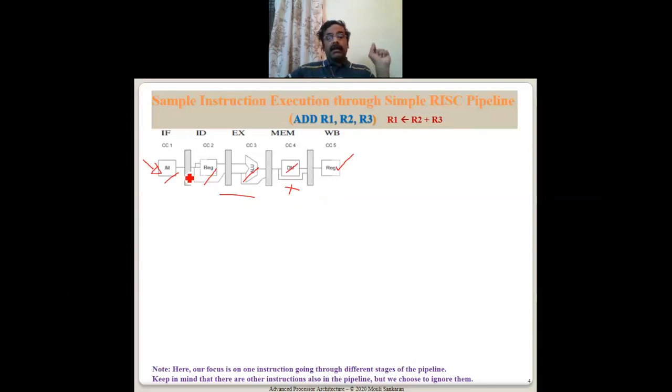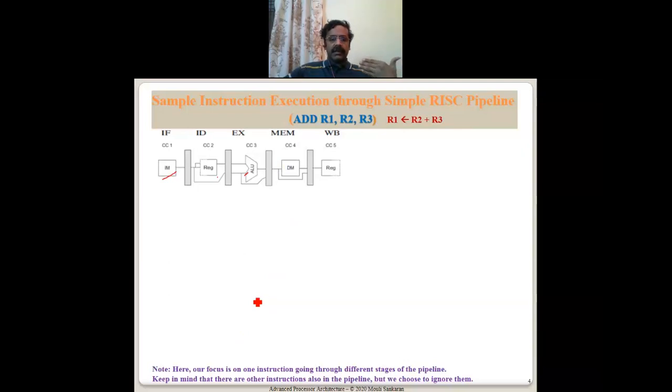We need to completely execute it, but we are splitting it into multiple operations and doing them in different stages. So what is this instruction pipeline achieving? We are trying to perform different operations of various instructions on different stages at the same time. I will explain how this is achieved by showing you multiple instructions.